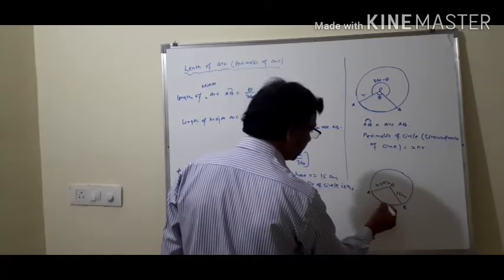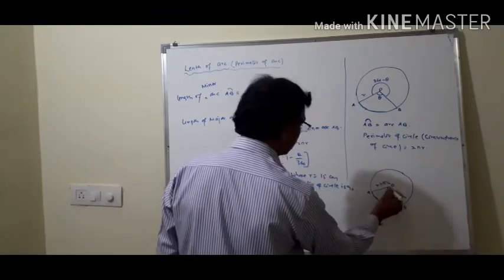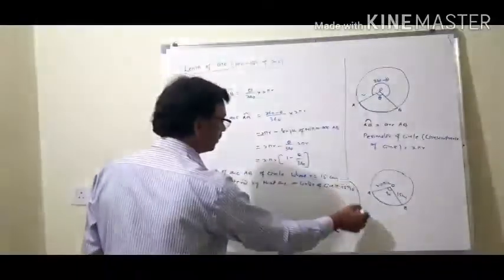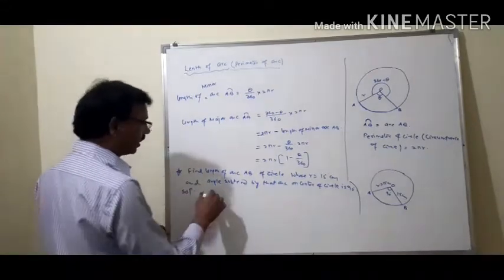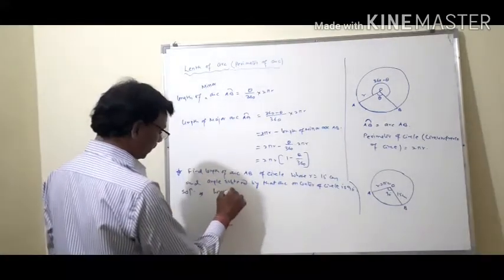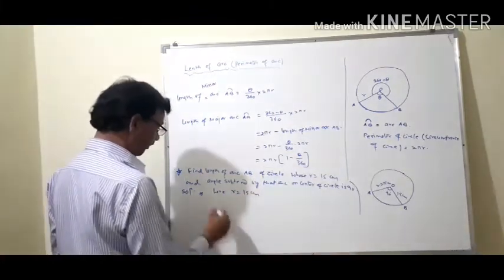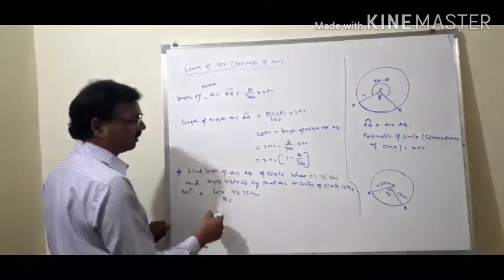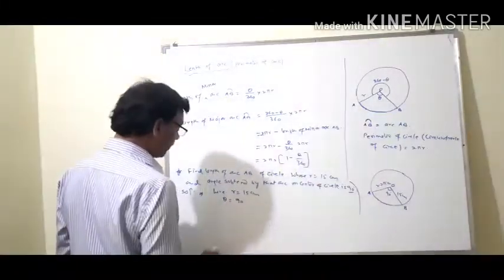We want to find the length of this arc, and this angle is 90 degree. The solution of this question: radius equal to 15 centimeter is given, and theta, the central angle, is 90 degree.